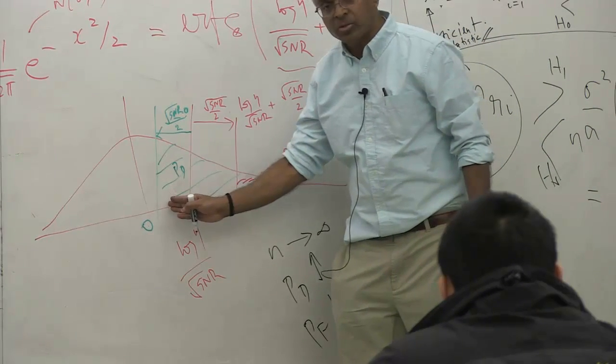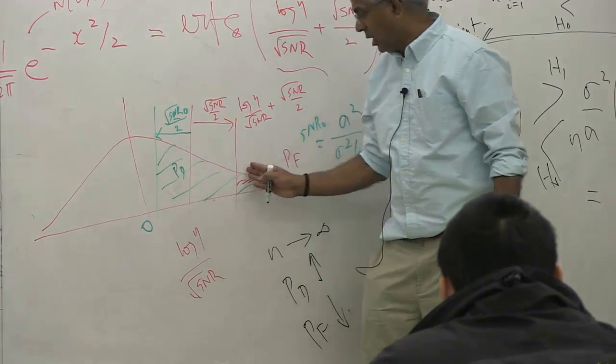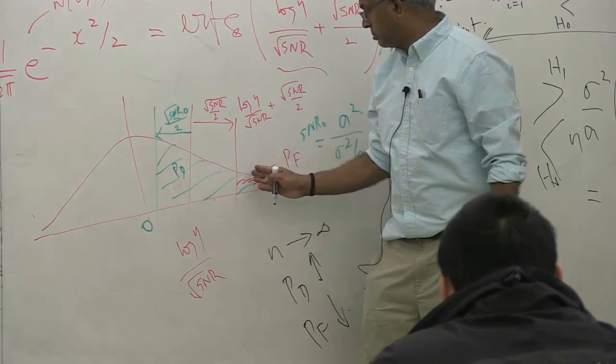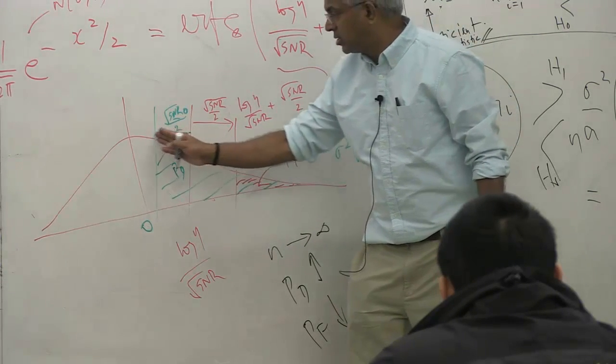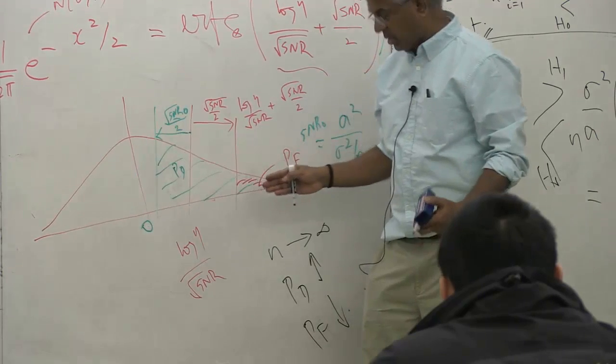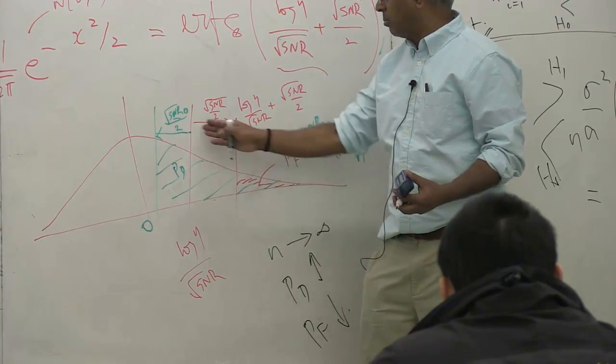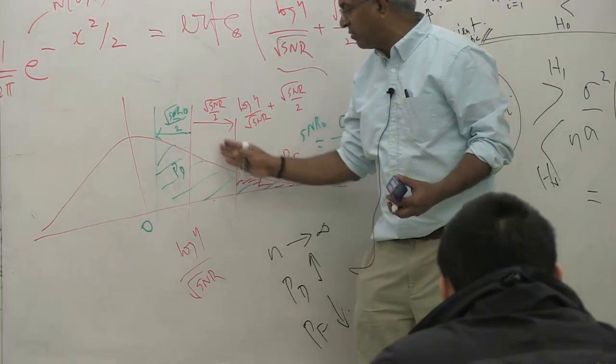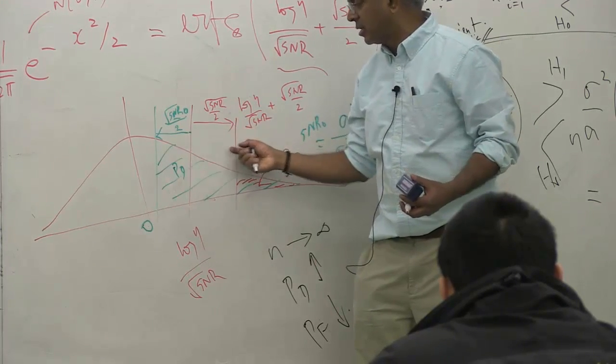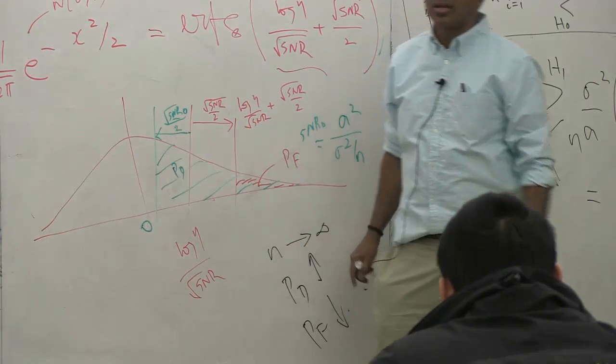That means this number is going to the left, and this is going to the left of that. Of course, this is going left, but then this is increasing. You have to see which one is decreasing faster.